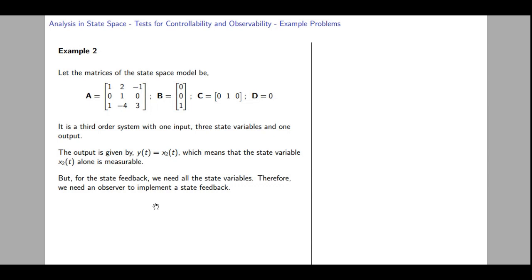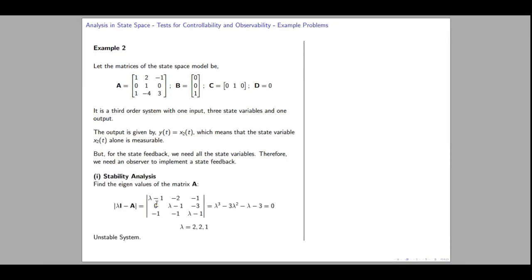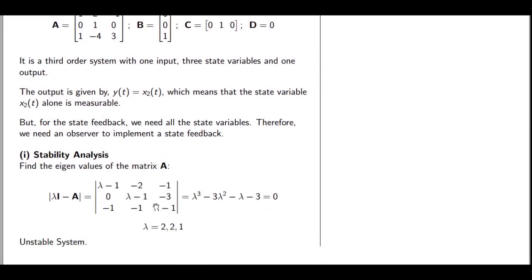Okay, let us do the analysis. So let us do the stability analysis first. Stability analysis says that when I found the eigenvalues, these are the eigenvalues I get. So these eigenvalues will be 2 comma 2 comma 1.